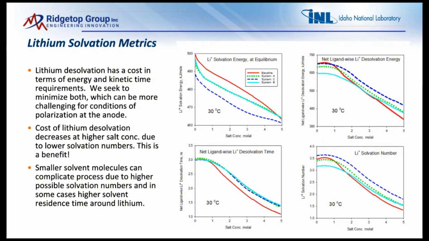Here are some examples of that process, looking at how it actually looks for different choices of electrolytes. I'm going to focus mostly on the upper right-hand plot, where we have the net ligand-wise lithium desolvation energy versus salt concentration at 30 degrees for 4 different electrolytes. Our baseline system is the red curve, and that's EC, EMC, LiPF6.